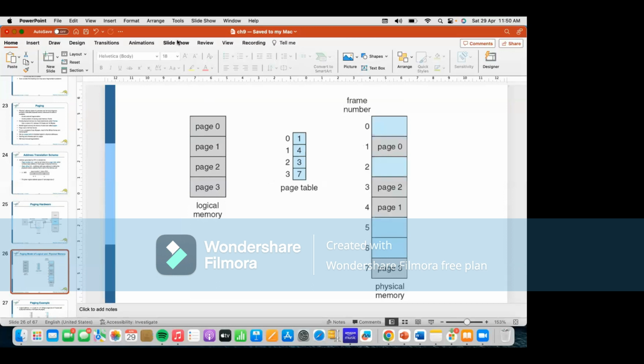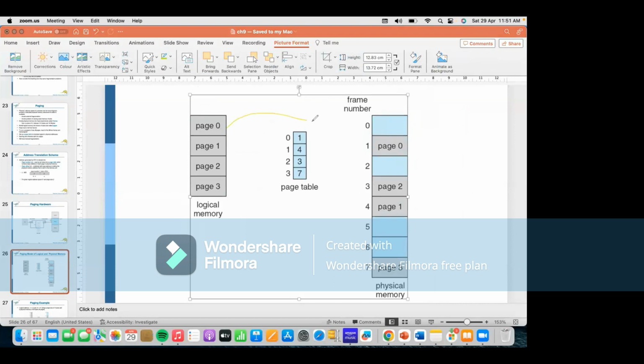Here, if you look at this, page 0 is placed in frame number 1. Don't get confused: the logical memory is divided into pages, and the physical memory is divided into frames.